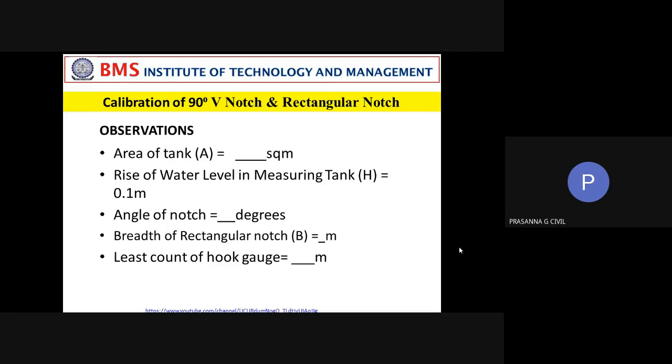We are using a 90-degree V notch, but for any other angle, the angle has to be taken accordingly. The breadth of the rectangular notch gives you the value of the breadth to be included in the formula to calculate the theoretical discharge. The least count of the hook gauge is that is being used to record the head over the notch.